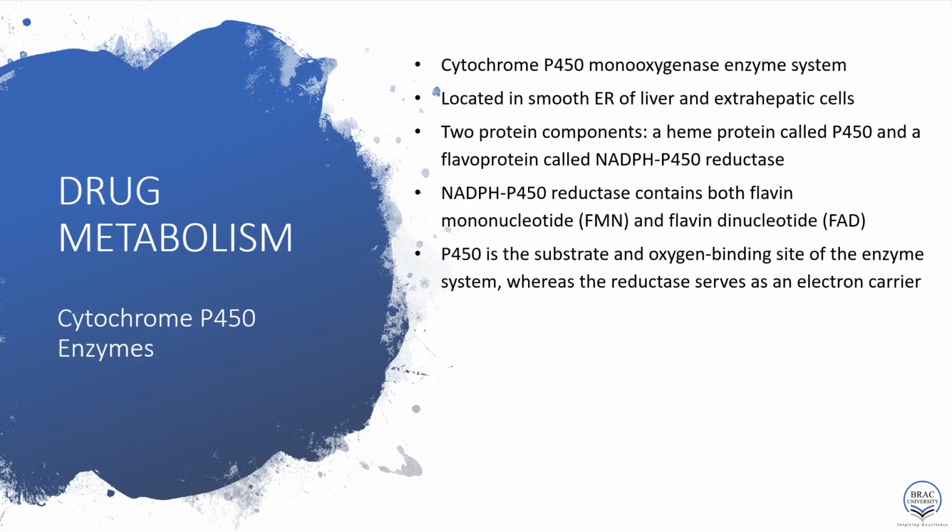I mentioned that this mainly catalyzes oxidation and reduction between the substrate and between themselves. The P450 is the substrate and oxygen binding site of the enzyme system, whereas the reductase serves as the electron carrier. If you can recall the Krebs cycle and what happens in the electron transport chain, how NADH and FADH get reduced, and as a result there's a chemiosmotic gradient across the mitochondrial inner membrane.